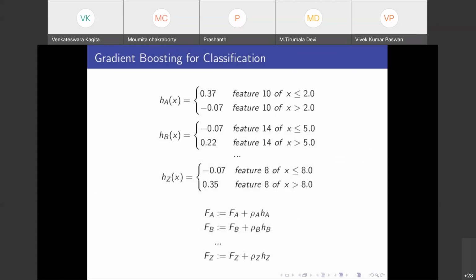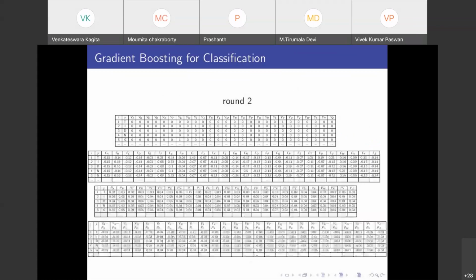We add this model to the existing models, updating FA to FZ. Again compute the score, again compute the probabilities, and compute the difference between the true probability distribution and the predicted probability distribution. And again fit the model.